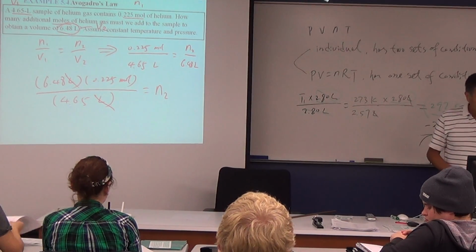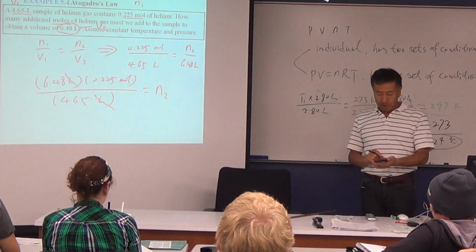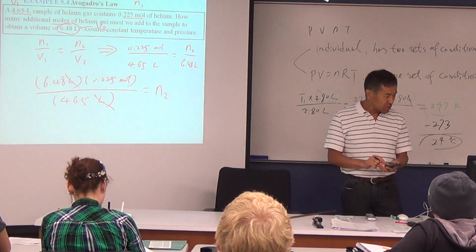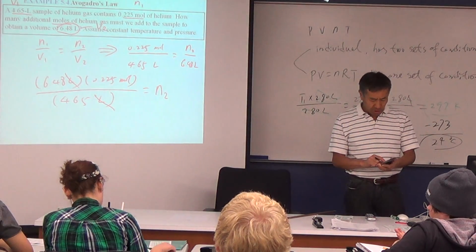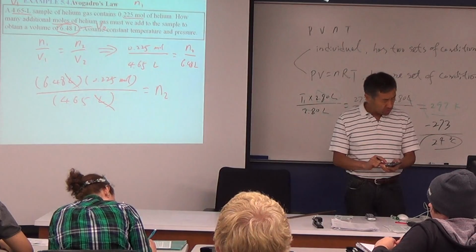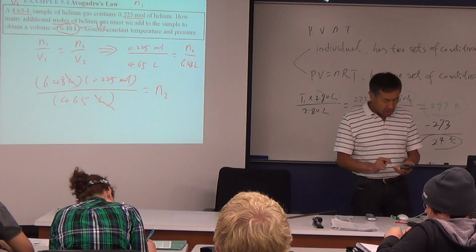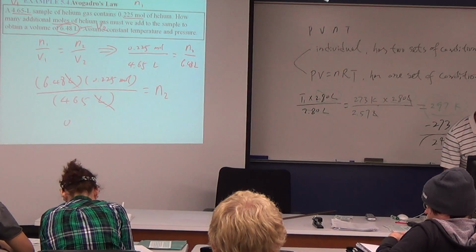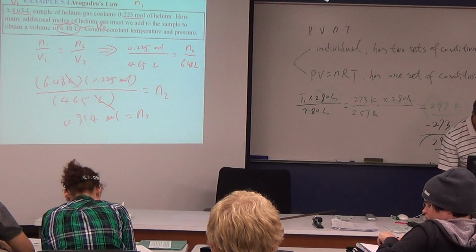So for this question, when you get n2, it's not really the final answer, because n2 means how much you have in total for this 6.48 liters. So 6.48 divided by 4.65 times 0.225, you get 0.314 mole equals n2.